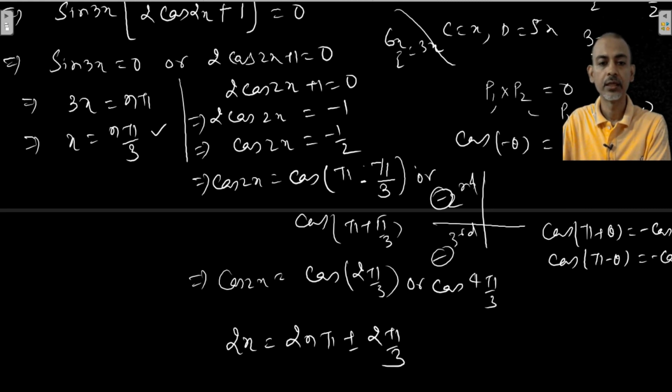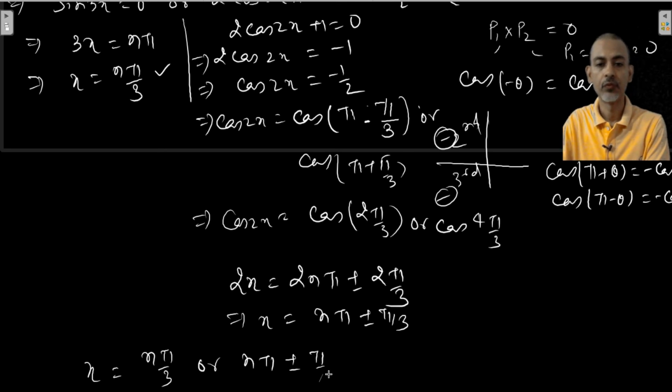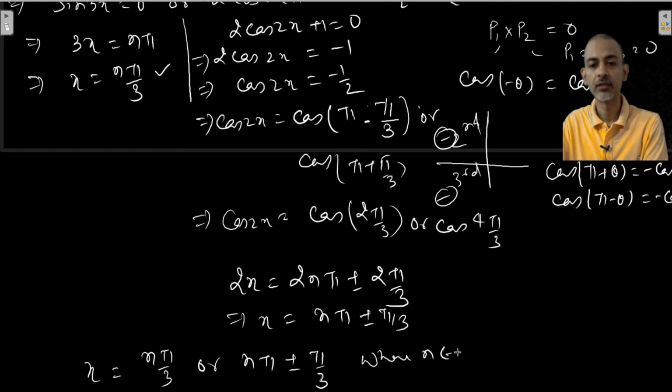We can then write x equals n pi plus or minus pi by 3, because I'm just dividing by 2 altogether, so the 2 cancels out. Now, with both of these together, I can write x equals n pi by 3 or x equals n pi plus or minus pi by 3, and don't forget to write where n is an element of Z.